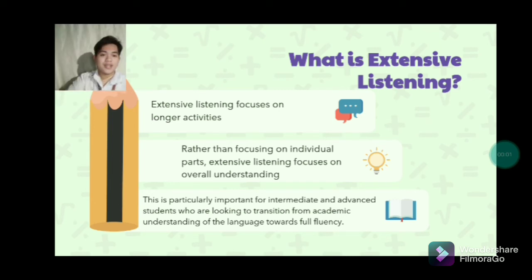This is particularly important for intermediate and advanced students who are looking to transition from academic understanding of the language towards full fluency. So the significance of extensive listening for intermediate and advanced students is that it helps them to increase their vocabulary and to improve their listening comprehension.